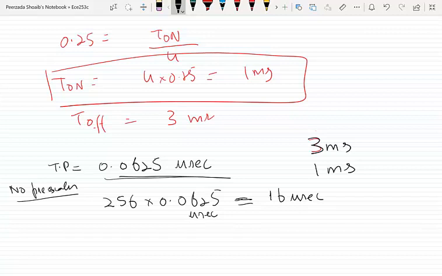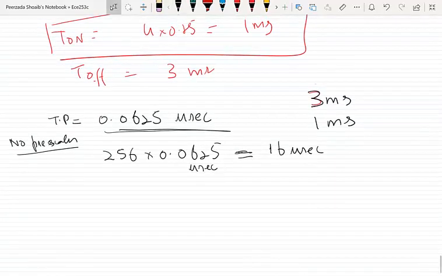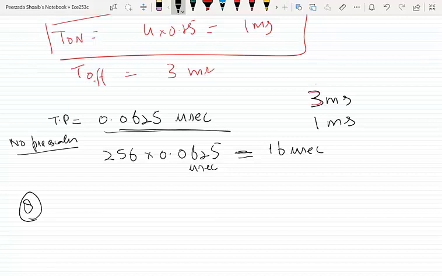But I need a 3 milliseconds time delay. That means I can't use timer 0 with no prescaler. I have to use some prescaler. If I use a prescaler, what is my next option? Instead of putting 001 in those 3 bits, I will put 010. That will give me a prescaler of 8. If I use prescaler 8 for my timers, what will be my timer frequency?